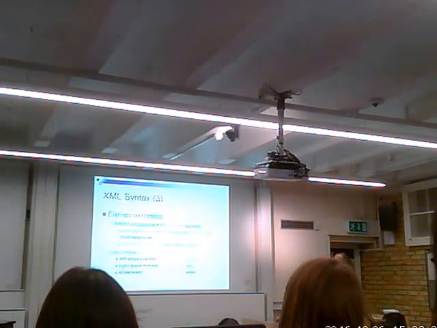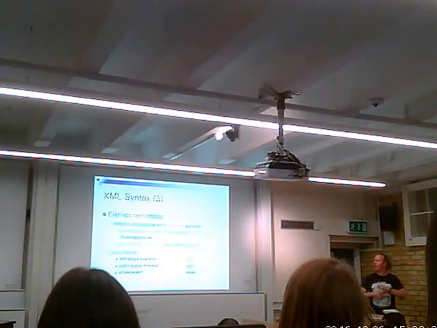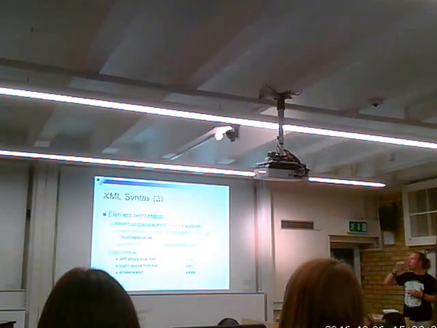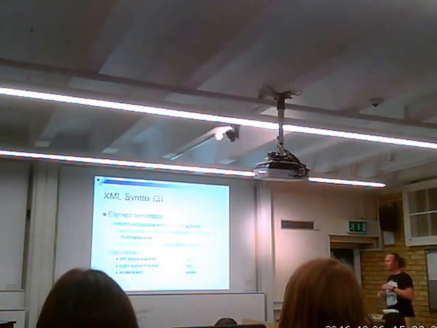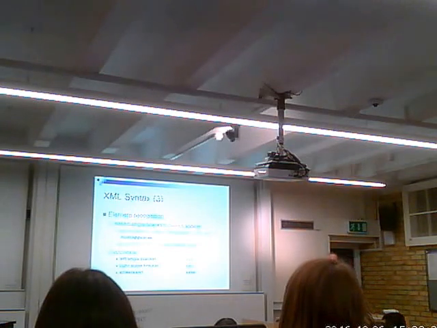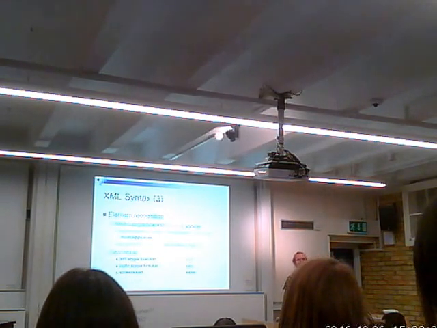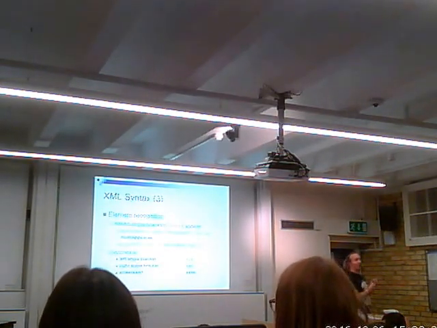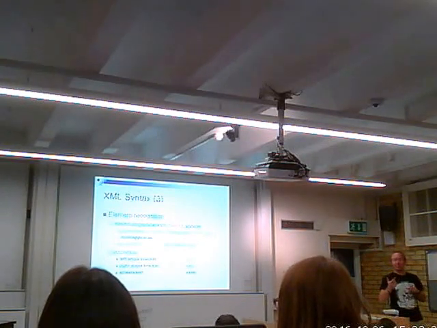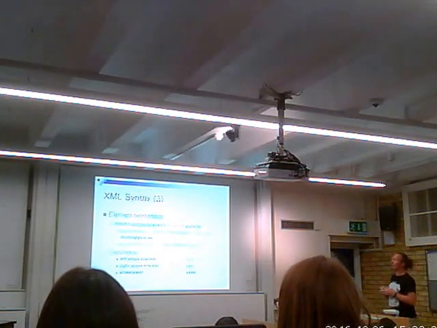Next thing about XML syntax. There are some reserved characters that if you try to use them as part of the content, the data within your elements, you will get an error.